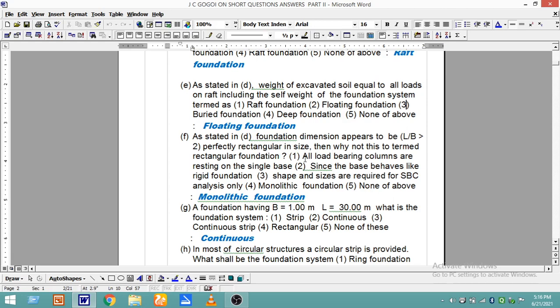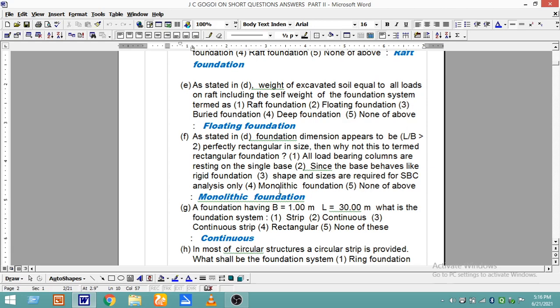Given answers are: all load bearing columns are resting on a single base, since the base behaves like a rigid foundation, shape and size are required for SBC analysis only, monolithic foundation, none of this.